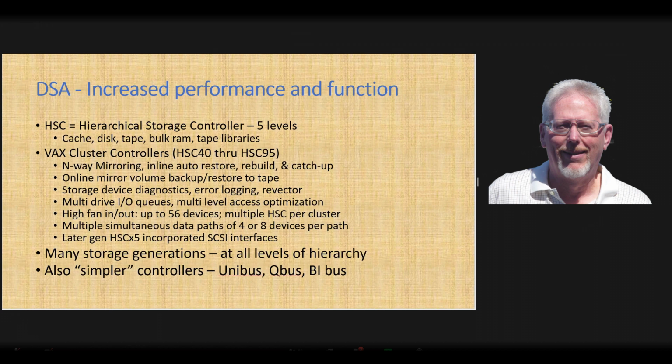There are many storage generations at all levels of the hierarchy in terms of the disk and tape capabilities and tape libraries. And there are also simpler controllers built that didn't have this level of optimization and RAS functionality that were built for the Unibus, the QBus, and BI bus DEX systems.